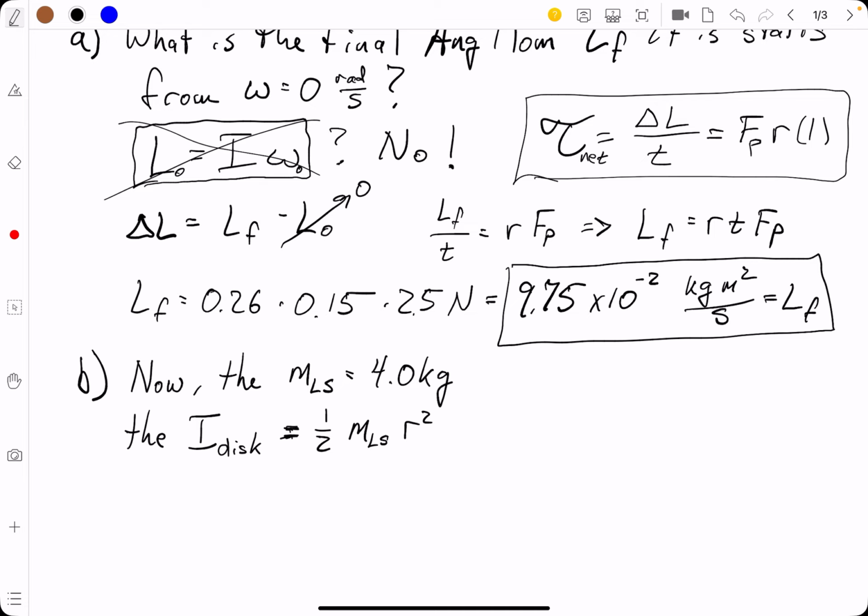So that's our I moment of inertia. So we kind of know these two things now, and so we can generate a question, and that is, what is omega final?